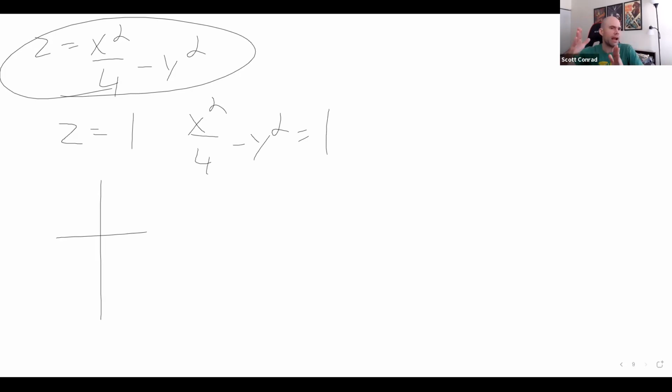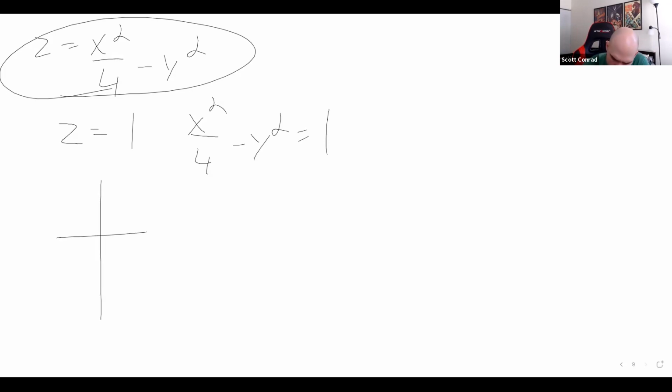So the ellipse has two squared variables, but they're both positive. It's going to be something squared plus something squared. This one has one of them negative. So it's going to be a hyperbola. So two squared variables, both positive, is going to be an ellipse. Two squared variables, one of them negative, is going to be a hyperbola. And one squared variable and one non-squared variable is going to be a parabola. So we get a hyperbola here.